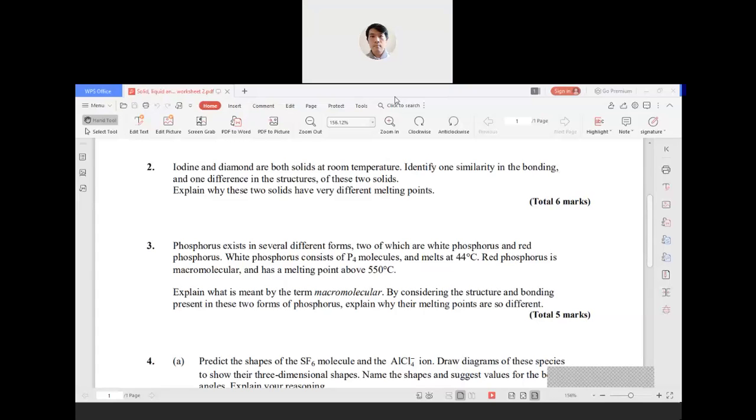And then by considering the structure and bonding of these two forms of phosphorus, for the same element, one element that has two different forms, two different structures. One is simple molecular structure and the other one is giant covalent network.